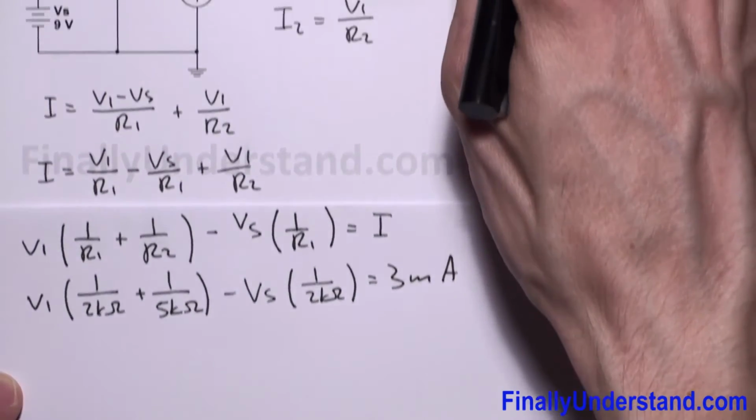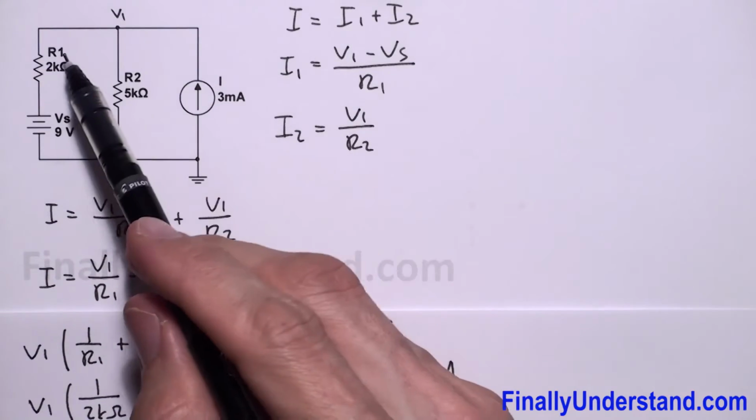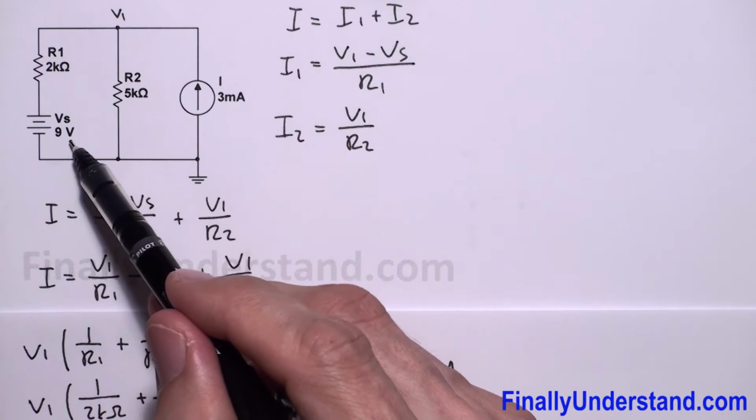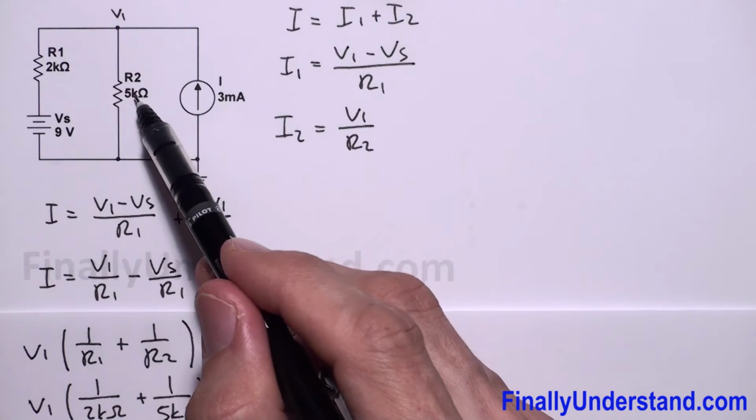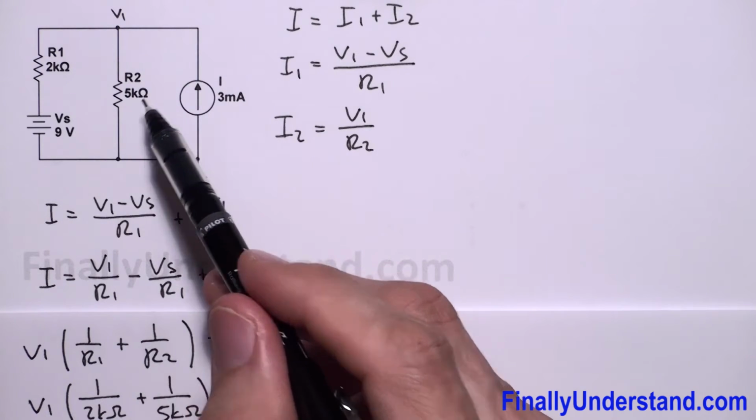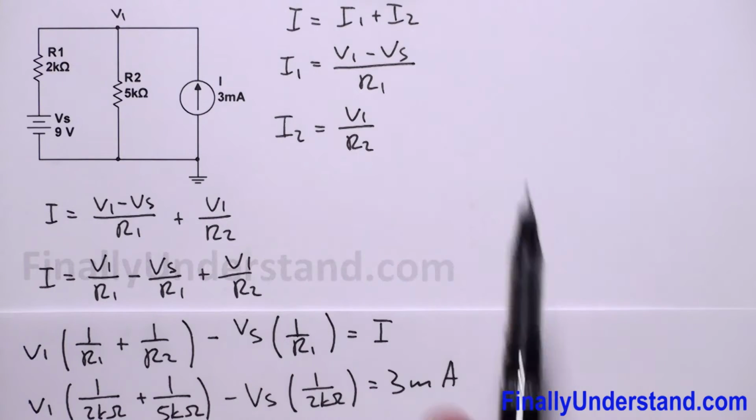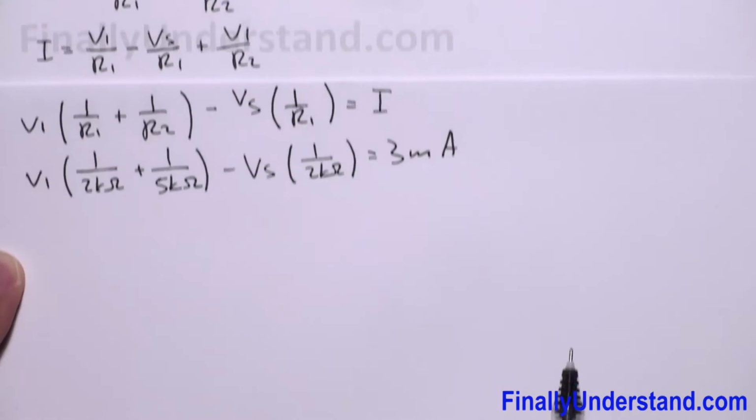If you look at the diagram, you are going to see that R1 is equal to 2 kilo ohms, Vs is equal to 9 volts, R2 is equal to 5 kilo ohms, and I is equal to 3 milliamps.